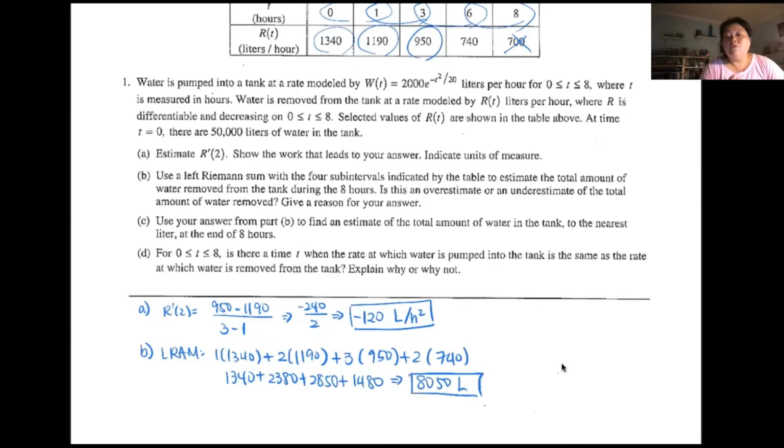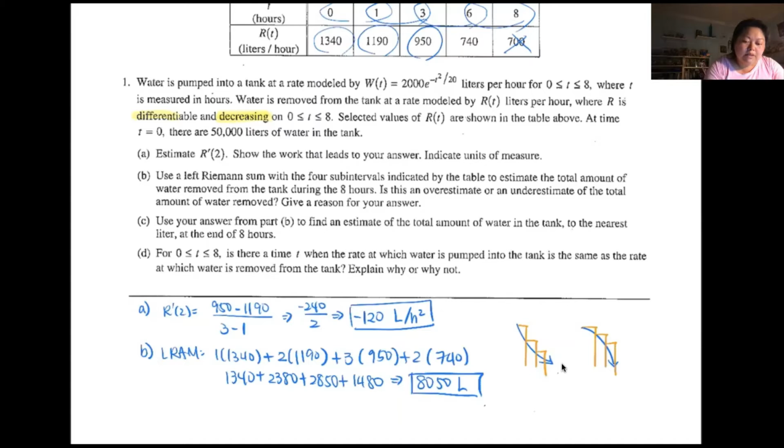Okay, so is this an overestimate or underestimate? We have to read our problem here. It says this R of T is differentiable and decreasing. That's the most important thing. If my function is decreasing, no matter whether it's concaving up or concaving down, my LRAM is going to be an overestimate.